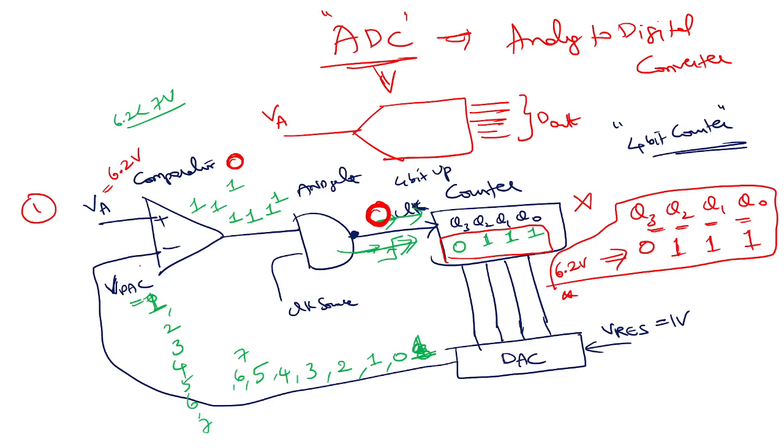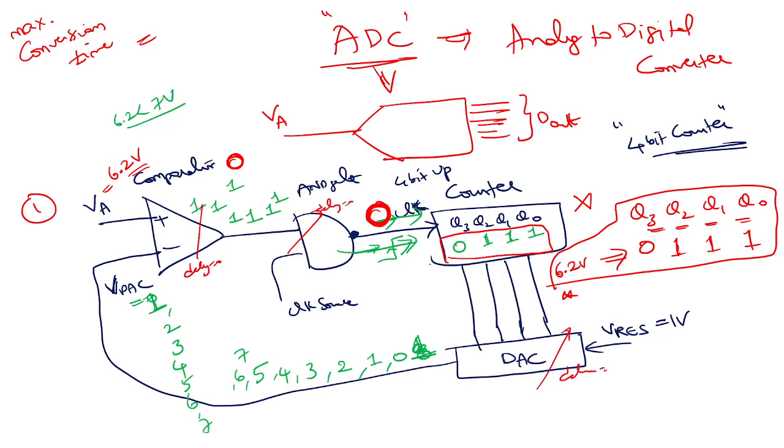So here the issue is the conversion time, for example, the maximum or worst case conversion time. Since it is 6.2, it took 0, triple 1. Assume that this delay is 0, this delay is also 0, and this delay is also 0.